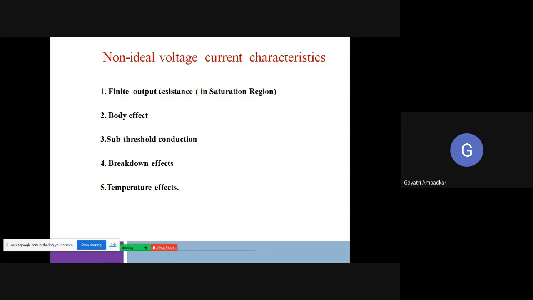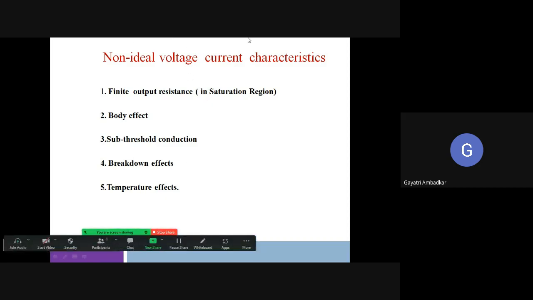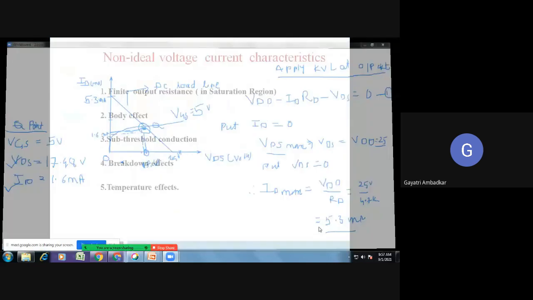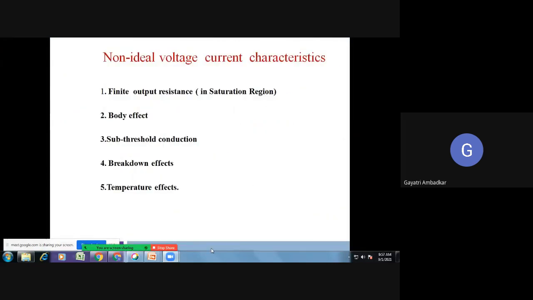So let me complete at least 2 definitions of this. From the exam point of view, mark this as very, very important. You will definitely get a question based on non-ideal characteristics of MOSFET. Generally, a definition is asked, every definition for 2 marks, and you have to explain it properly.